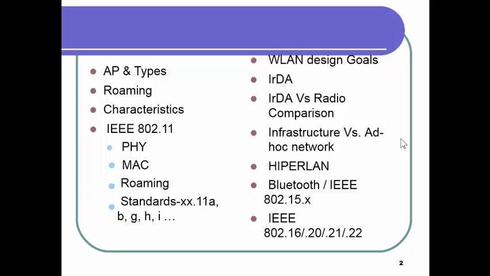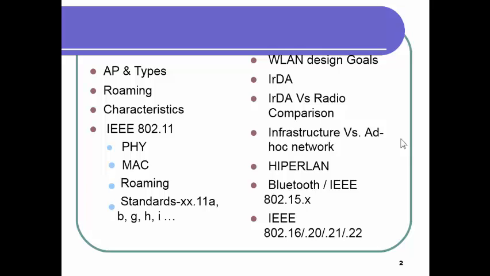The IEEE standard 802.11 that we have already discussed, where the bottom two layers, physical layer and MAC layer, need to be considered in case of the implementation of a wireless system. Then different standards, 802.11 A, B, G, H, I kind of standards.